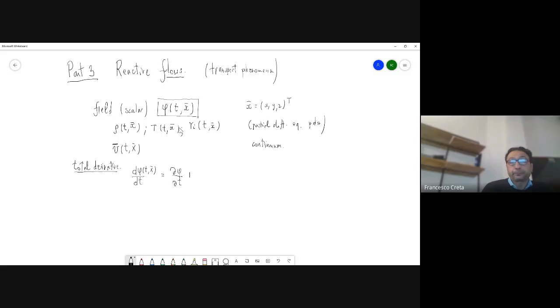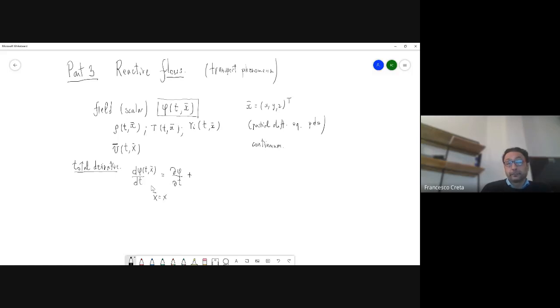But clearly then there is another part, which is due to the dependence of phi on x. Bear in mind that x is not necessarily a fixed coordinate. It could also be a trajectory, right?